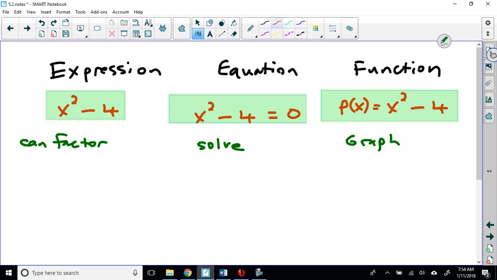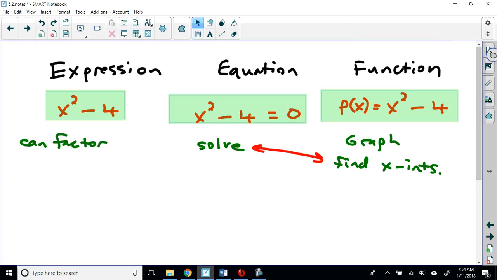And when we graph it, we find its x-intercepts, okay? And when we find its x-intercepts, we're doing the exact same thing as solving the related equation. Okay, so finding x-intercepts of a function and solving an equation are the exact same thing. It just looks a little bit different. And that's the gist of today's lesson. That's the big idea, and we've already seen this in Chapter 4. So really, there's not a whole lot of new news.